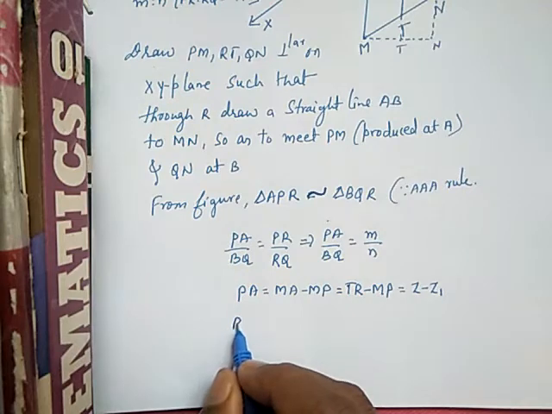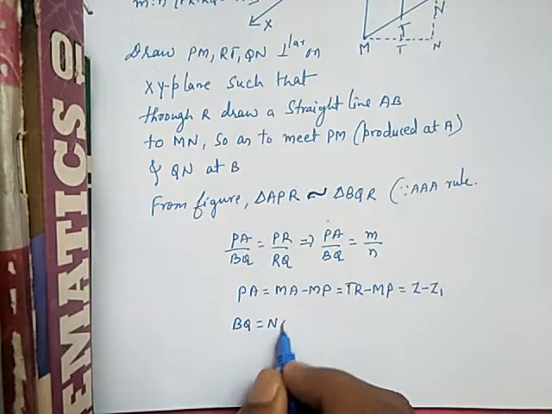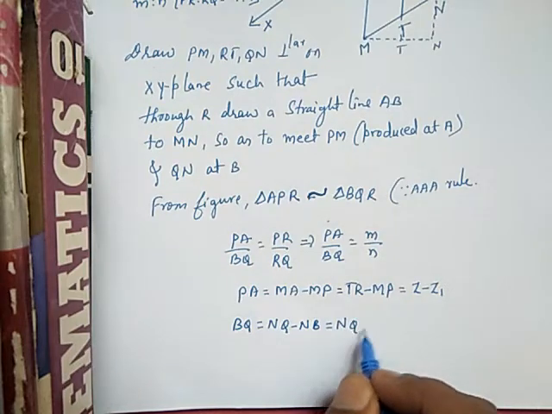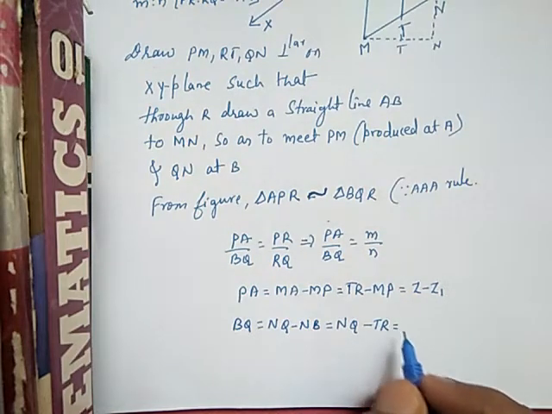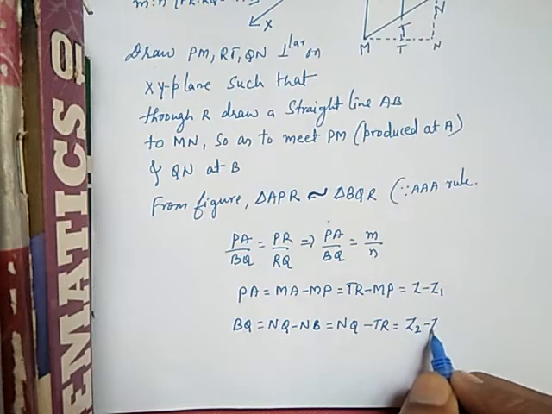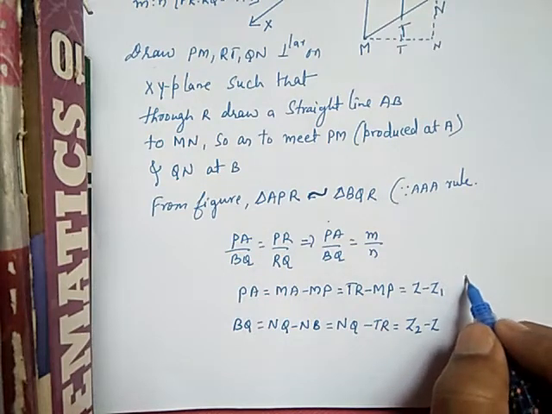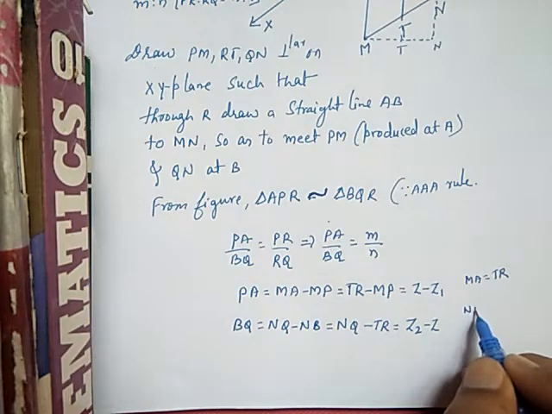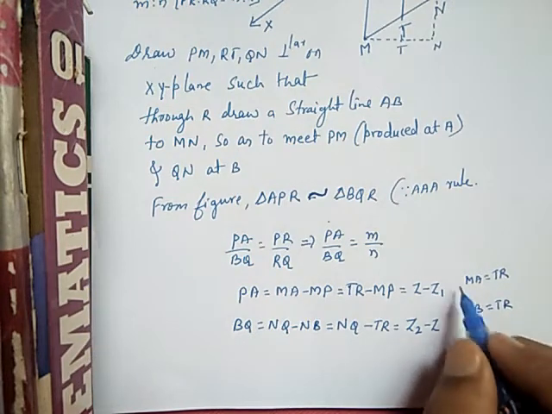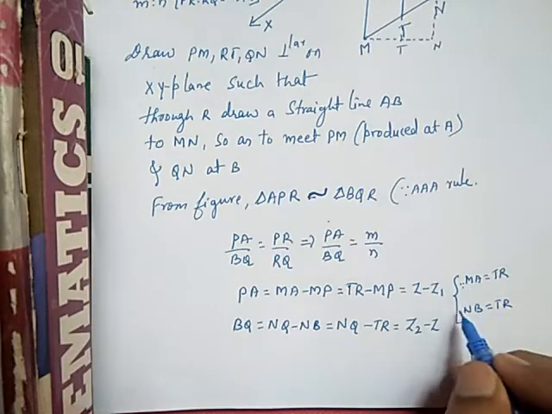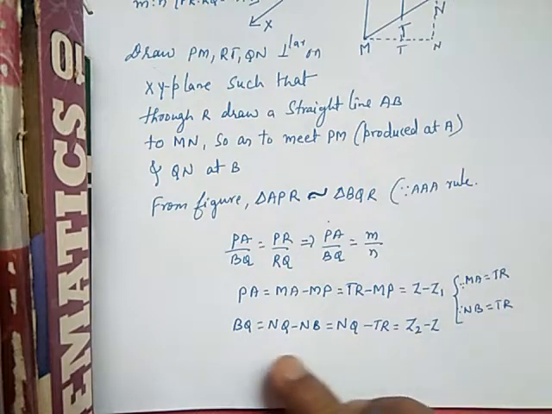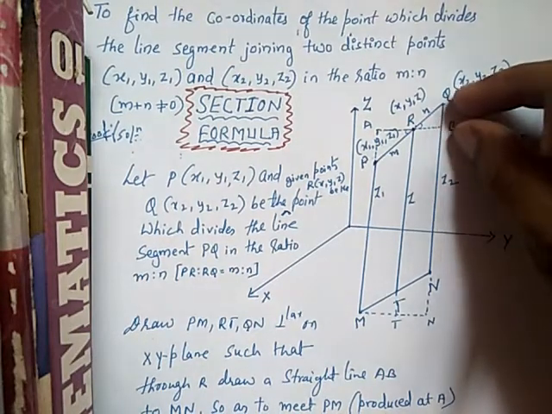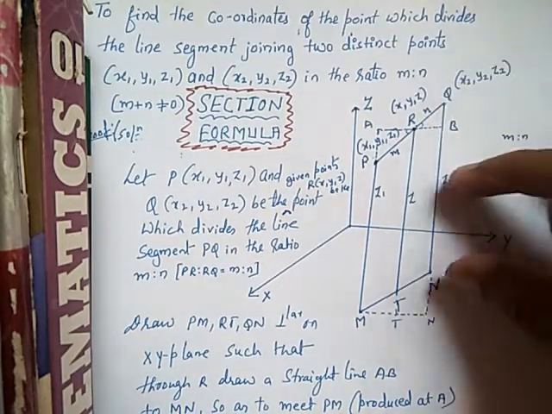In the same way, if I write BQ, this can also be written as NQ minus NB, which is nothing but NQ minus TR. Why are we taking this as Z2 minus Z? Because MA is equal to TR, and here also NB is equal to TR. By this figure, BQ is NQ minus BN.